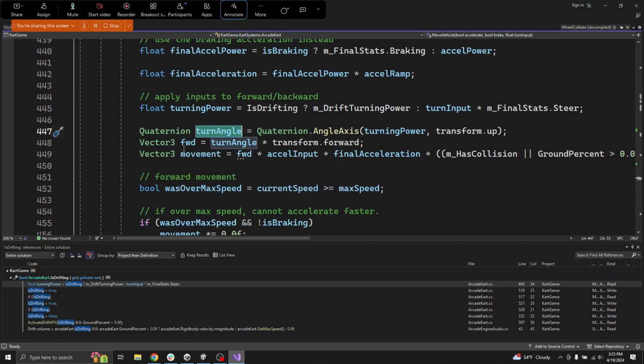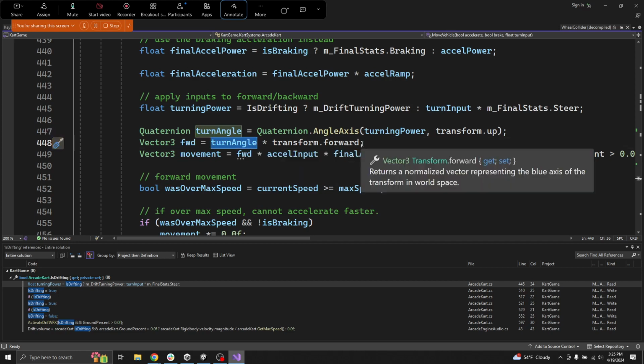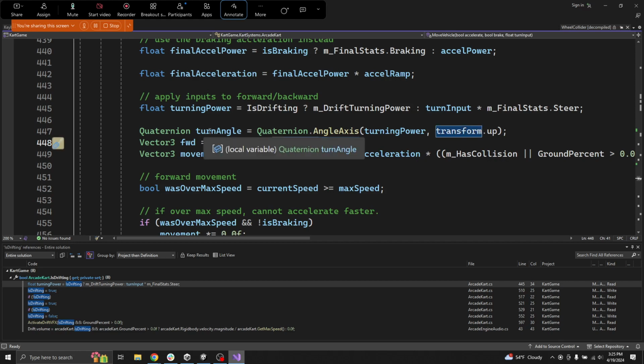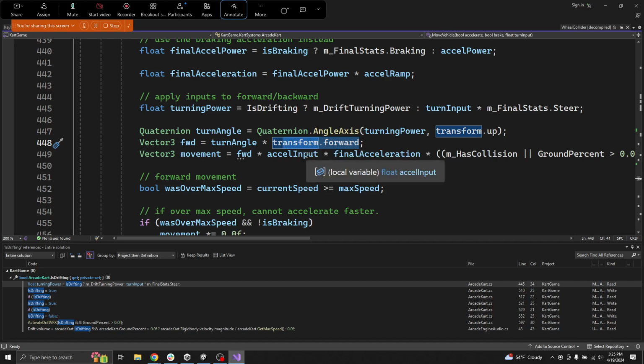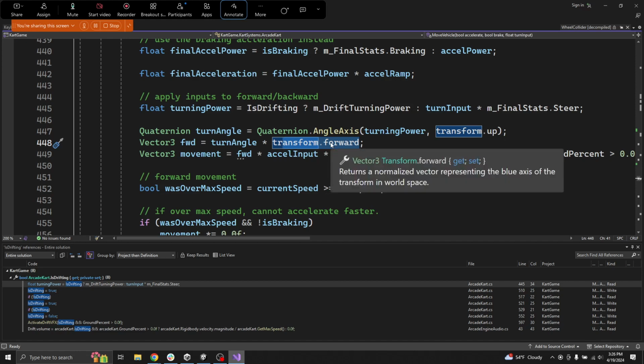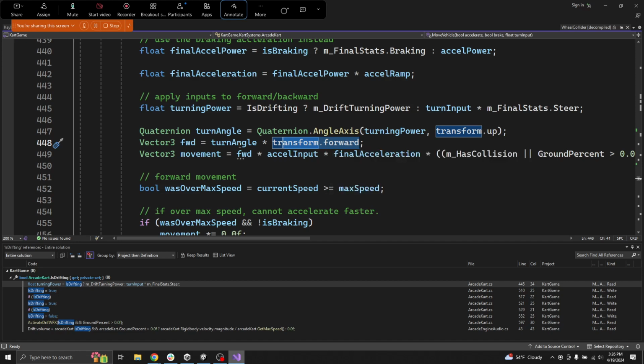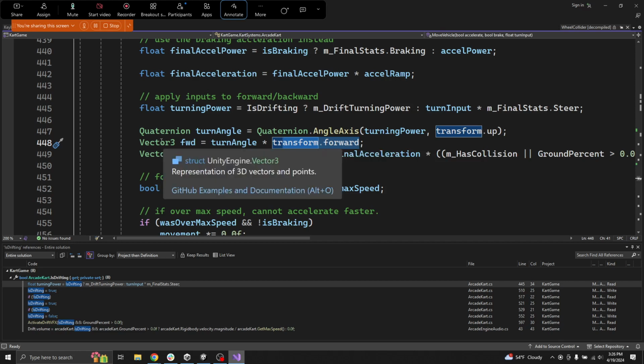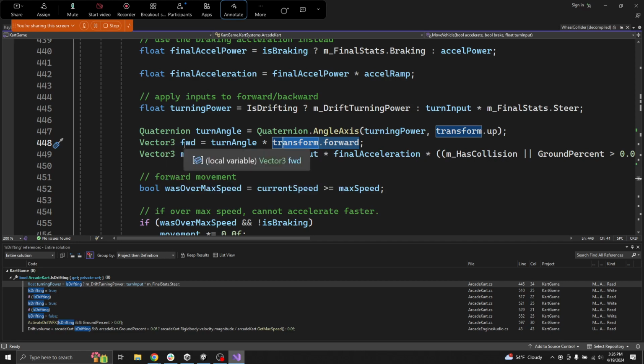Okay, so vector 3 forward. Take that turn angle and multiply it by our forward direction. So this is going to give me a quaternion, which is a structure dealing with rotation. And so we're going to take a quaternion multiplied by a vector 3, which I don't really do because that's mixing two types, but it looks like we get a vector 3 out of it.